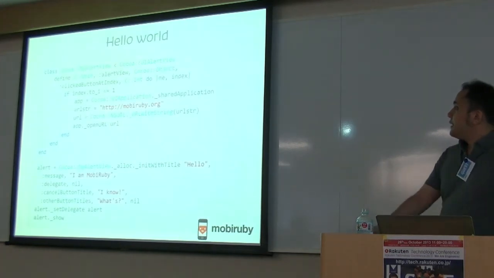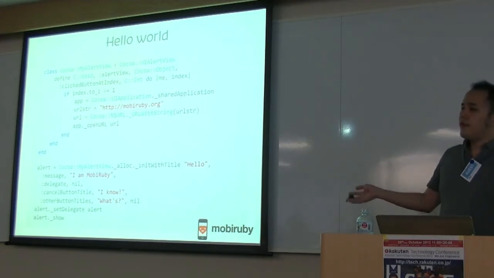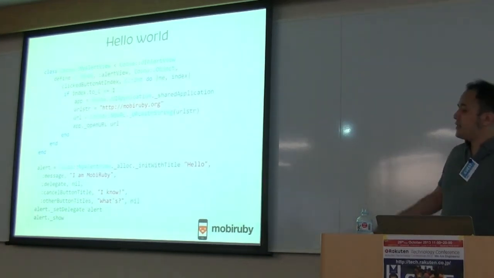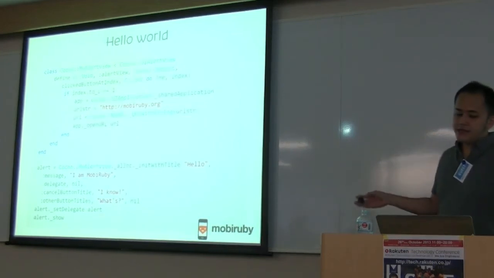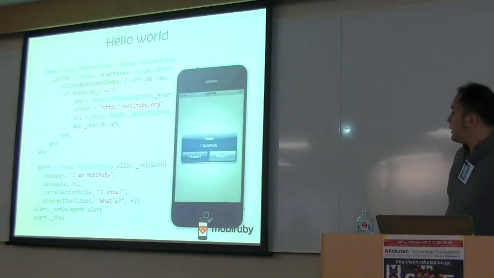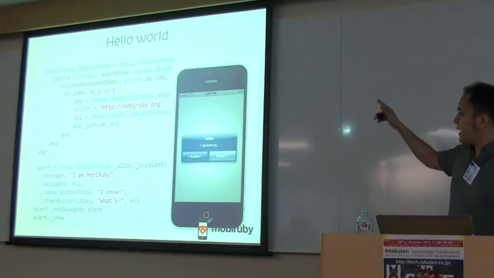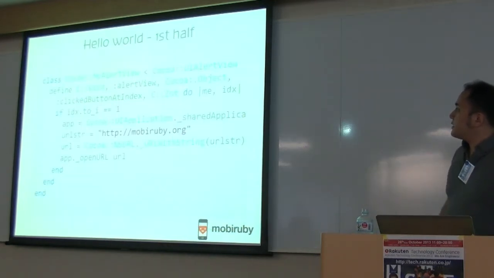And this is the hello world code for MobiRuby. If you know iOS development in Objective-C, you can understand this code easily. It's really similar to Objective-C. If you run the code, a dialog appears. This code has two parts.